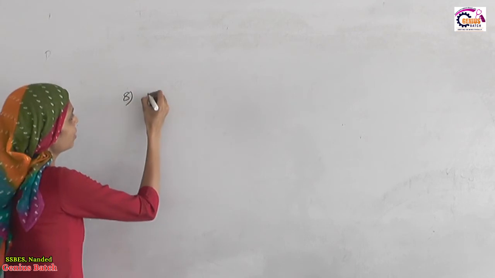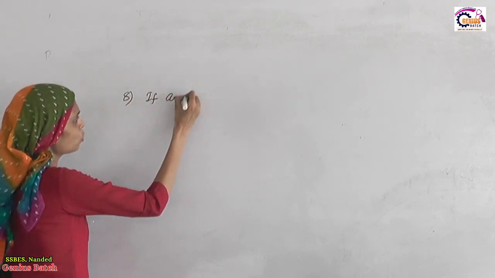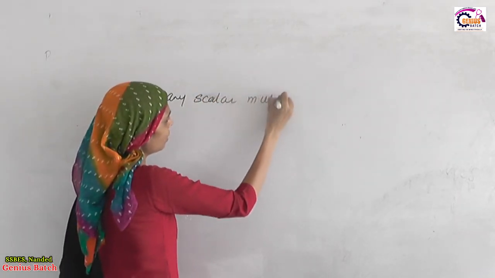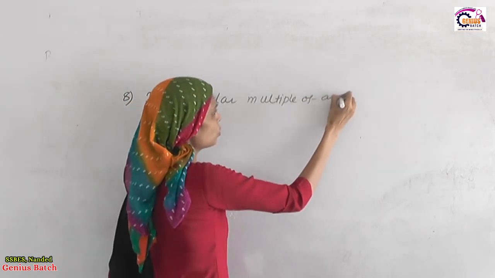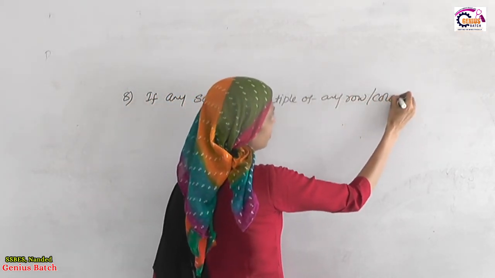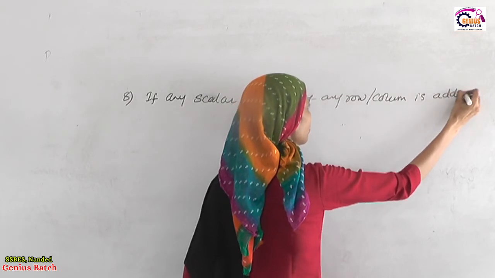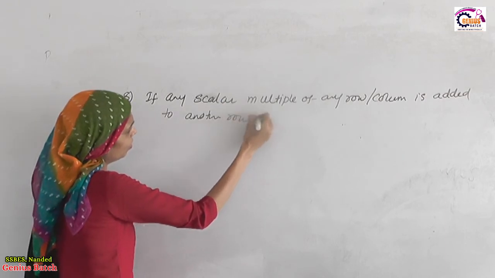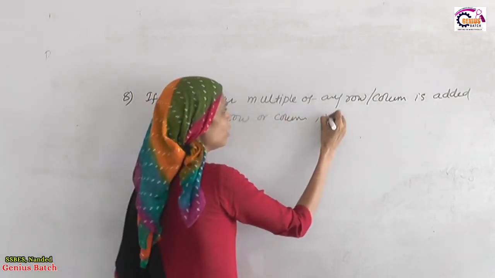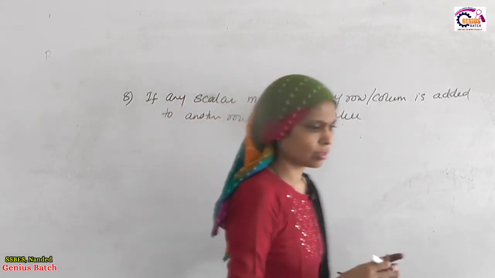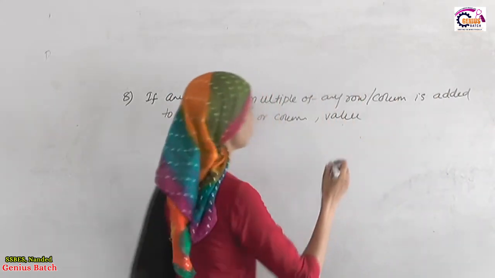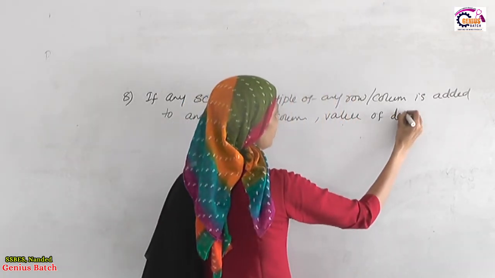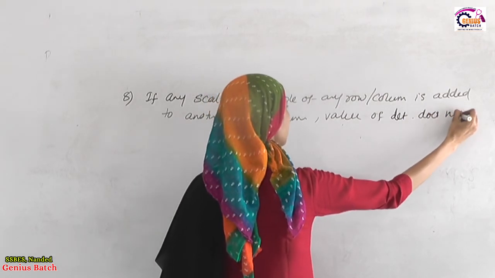Next property: if a scalar multiple of any row or column is added to another row or column, the value of the determinant does not change. Value of the determinant does not change.